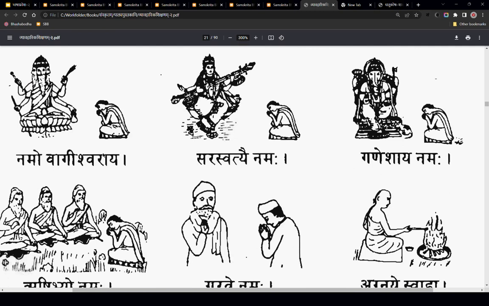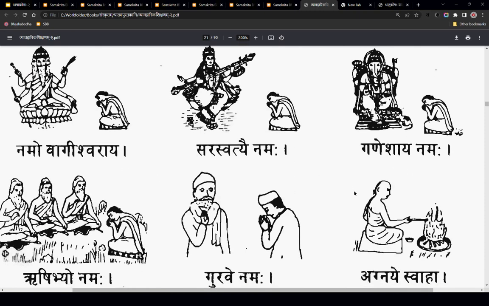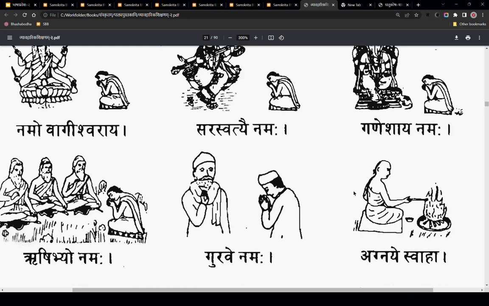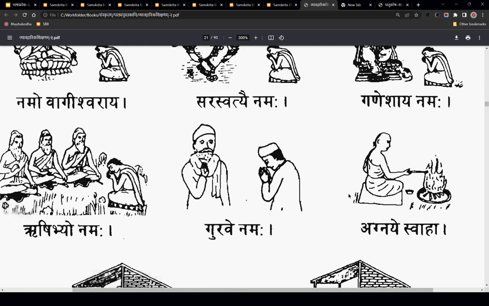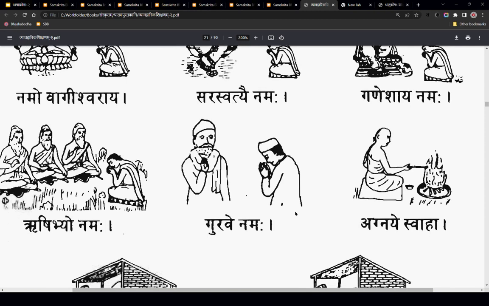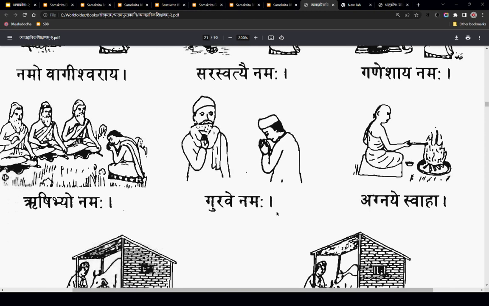So Namaha, that salute you are offering to this Vagishwara. So here the rule is that with Namaha Chaturthi Bhakti is used. So Satya Namaha, Ganeshaya Namaha, Gurave Namaha. With Swaha also Chaturthi is used. Agni Swaha. Because these are basically offerings.